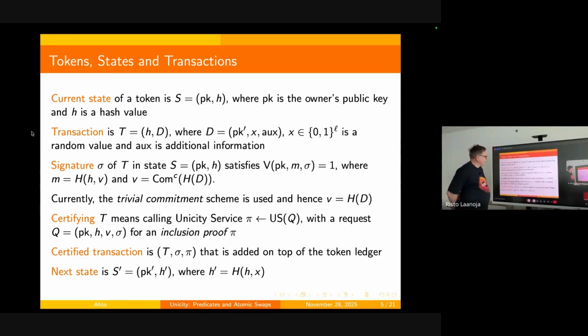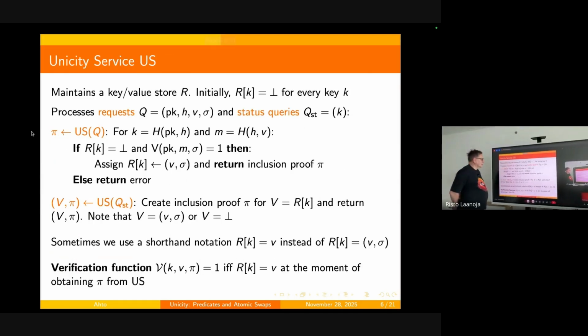So this is basically how the state of the token changes when we execute transactions in the Unicity system.